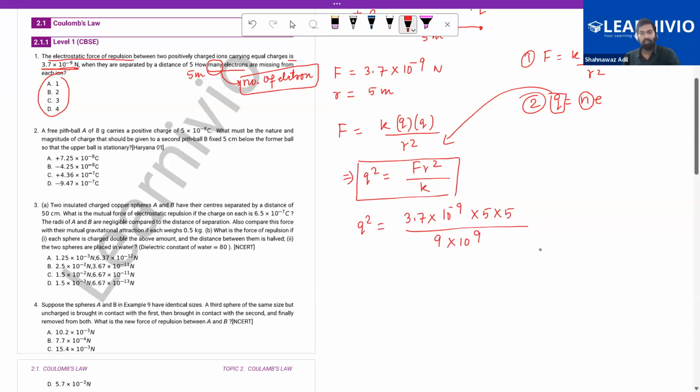Right. So this would be how much? Okay, so this is 10 to the power minus 18, right?